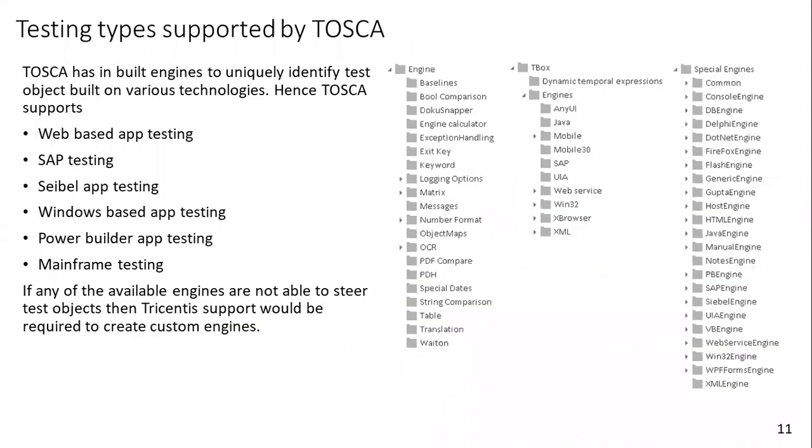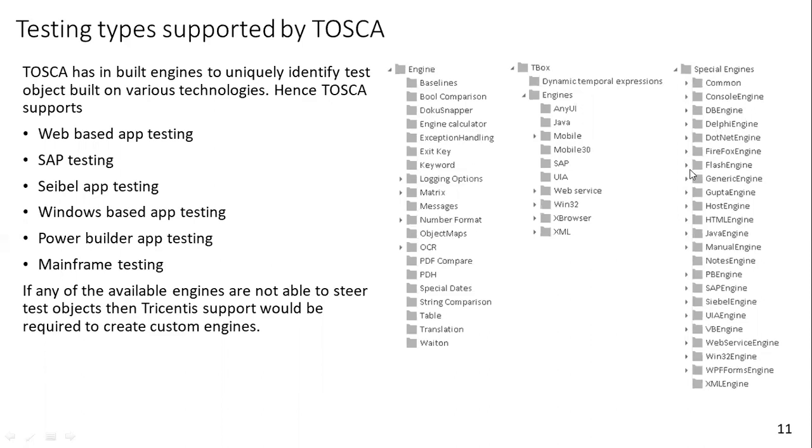Okay, now how does Tosca identify various types of applications? Selenium identifies only web applications. For Selenium to work over different types of applications, it will take different libraries. Here also libraries are considered as engines. Can you see? You have DB engine, console engine, common engine, Delphi engine, .NET engine.